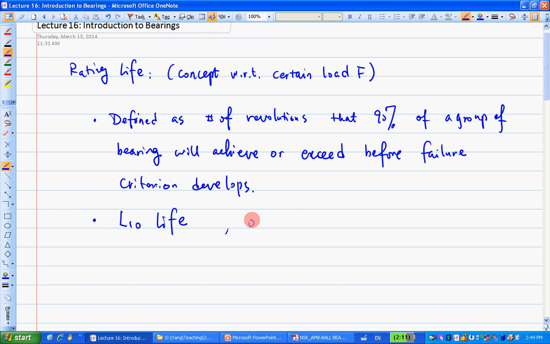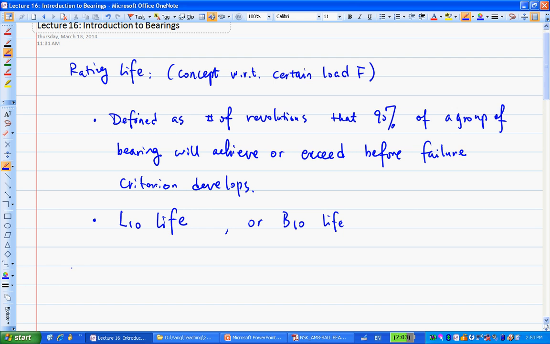Some other catalogs call it B10 life. So just remember, right now the rating life is based on the reliability or probability at 90%.